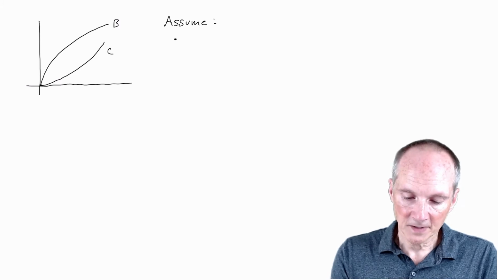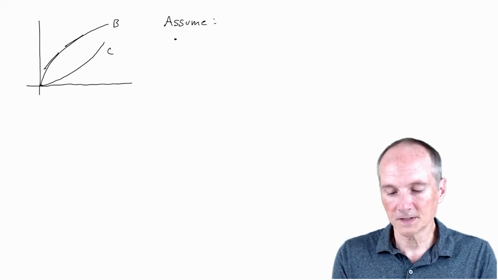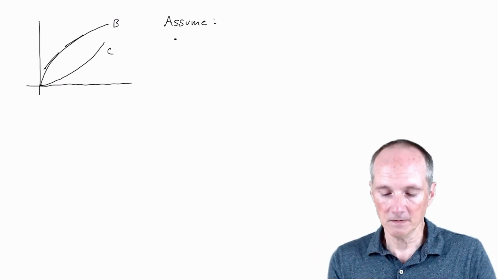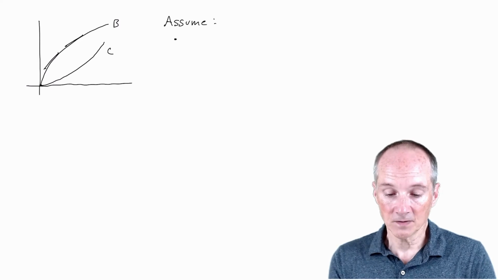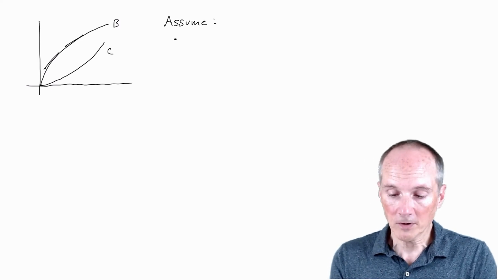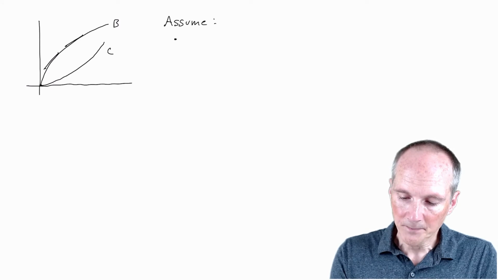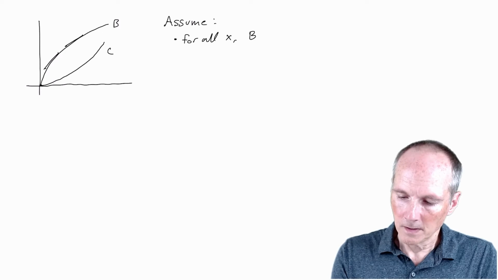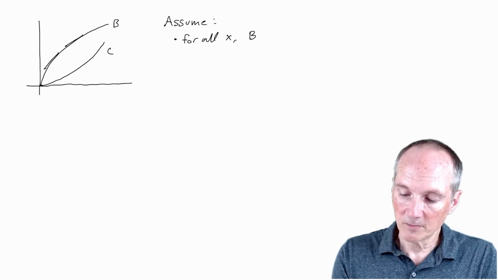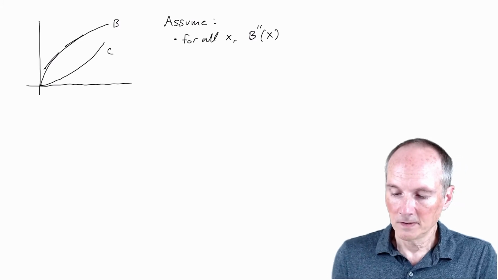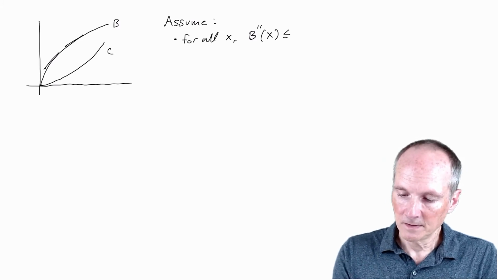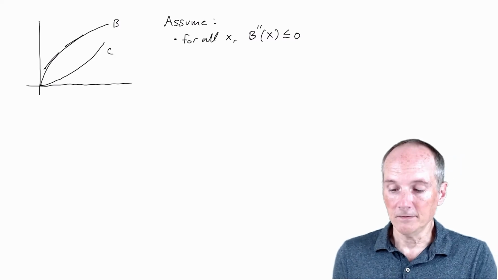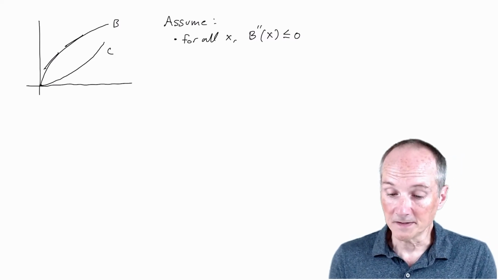As far as the benefit function goes, notice that the slope is getting flatter and flatter as we choose higher scales. So the derivative is getting lower and lower. In calculus terms, the way we would write that is that the second derivative of the benefit function is negative, or I'm going to say at least not positive.